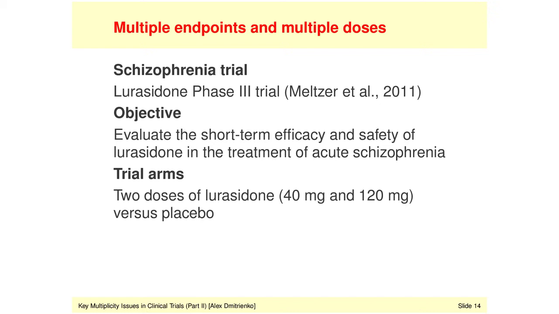And there were actually 3 doses of lurasidone studied in that phase 3 trial, and it could have been used as an example in this section. But focusing on the information presented on this slide, the objective of this trial was to evaluate the short-term efficacy and safety of lurasidone in the treatment of acute schizophrenia, and the trial arms included 2 doses of lurasidone, 40 milligrams and 120 milligrams, that were compared to placebo.